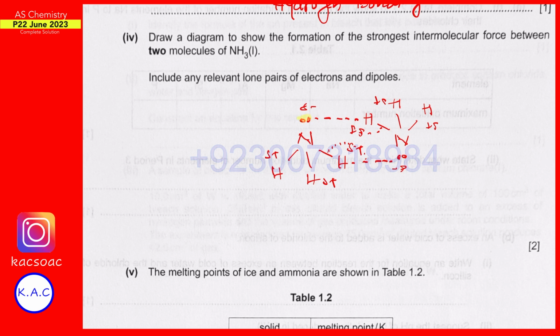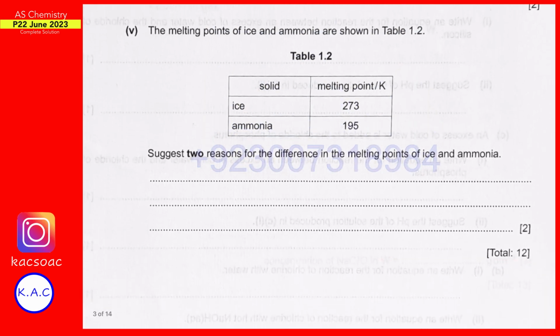There must be the lone pair on the nitrogen atom and partial positive charge on the hydrogen atom. The same is the case on the other molecule. Then there is attraction between the lone pair and the partial positive hydrogen atom, which is said to be hydrogen bonding.